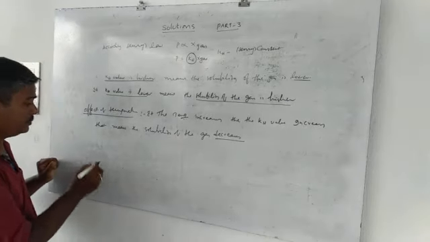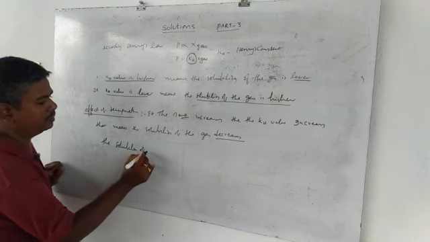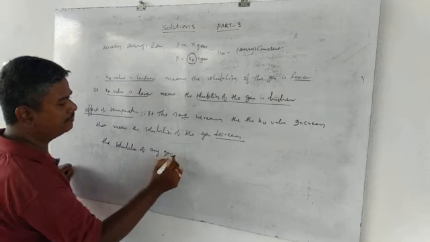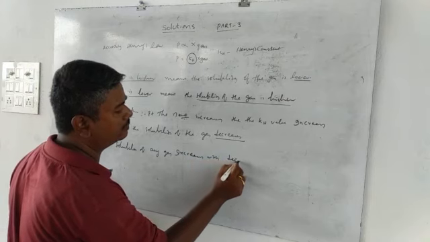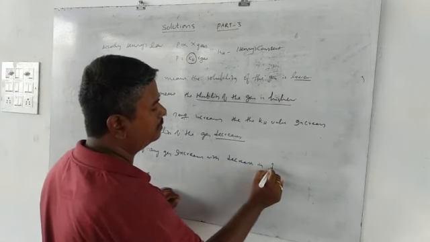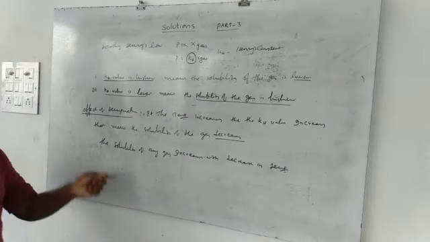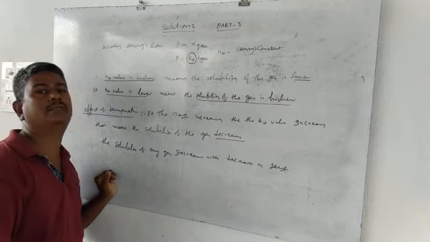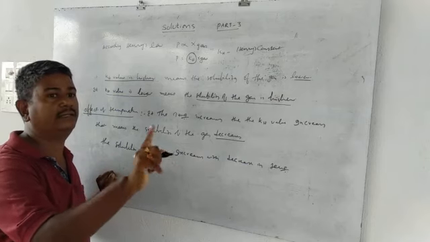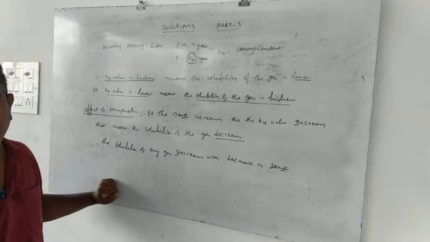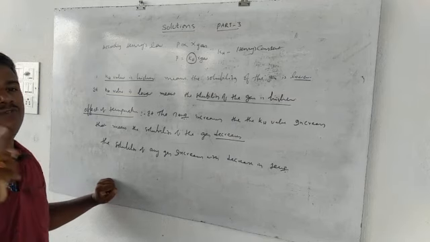That means the solubility of any gas increases with decrease in temperature. So that's why aquatic animals are more comfortable in cold water than warm water, because in cold water the solubility of oxygen is more than in warm water.